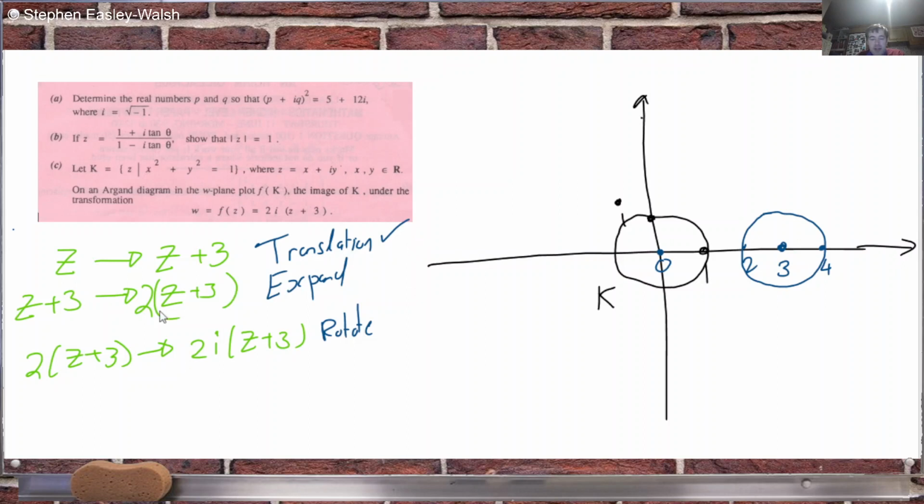And then you multiply by 2, so you expand it. So this would be over at 6 then, it's going to be off the page. And then that would be at 4 then. So it would be a bigger circle, going from 4 to 8. And then lastly, rotate it 90 degrees.